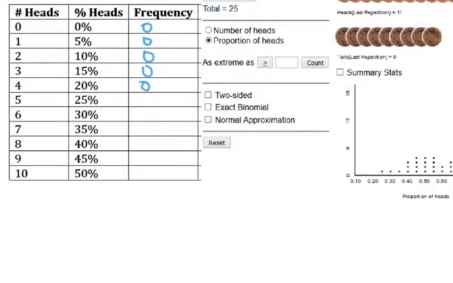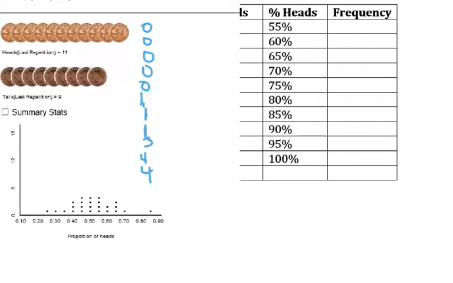You may have some of those, because the more times you do it, you can do it over and over. You can see how much you have. So at 25, it happened once. At 30, 35, then 40 was 3, 45 was 4, 50 was 4, 55 was 4, right? 55 right there. 60 was 2, then 3, then 1, 0, 0, 1, 0, 0, 0.